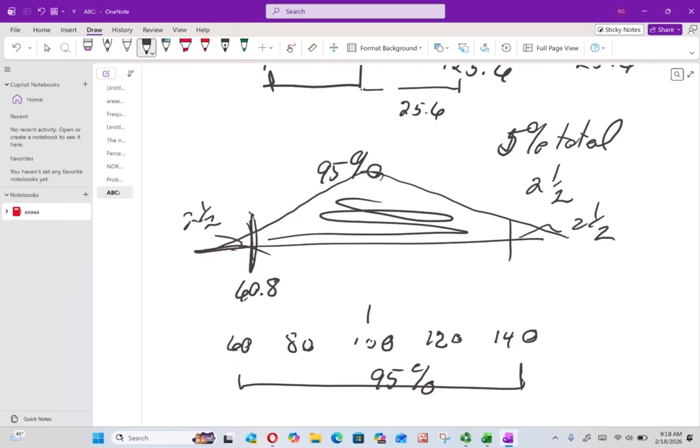For this end, what probability do I have to put in here to get the upper end? 2.5%, 95%, 0.975. 2.5 plus 95 cuts off that 0.975.